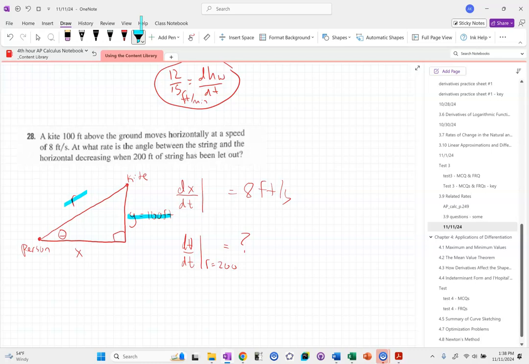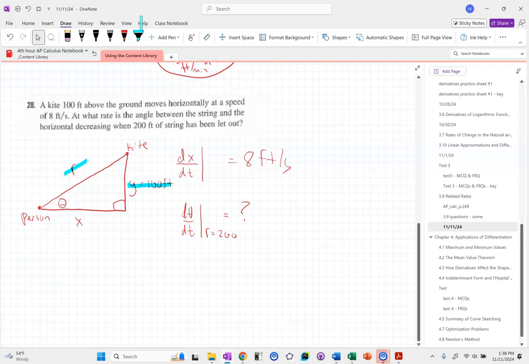So we'd have sine theta equals y, well, let's say 100 over r. What's the problem going to be though? We don't know r, right?